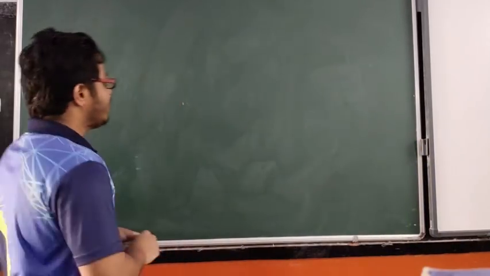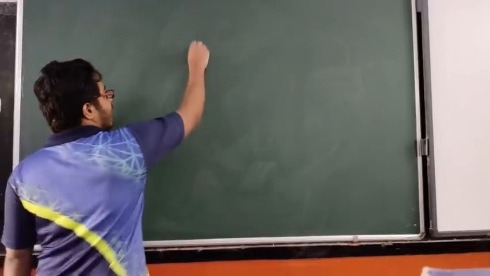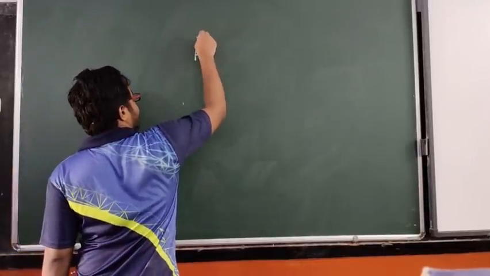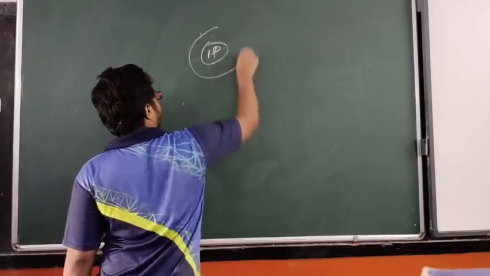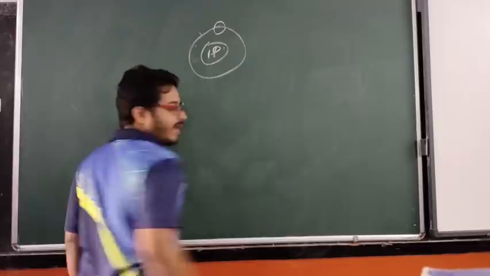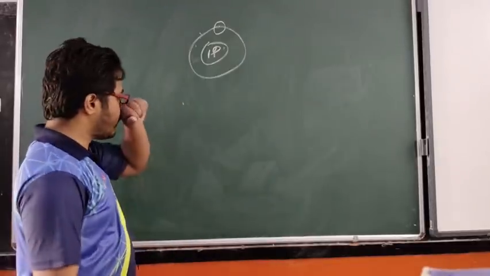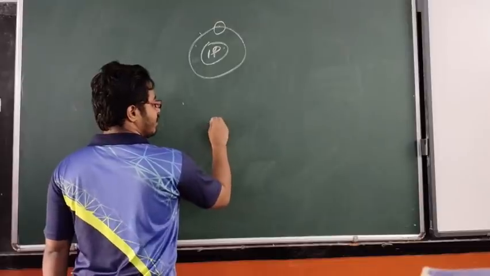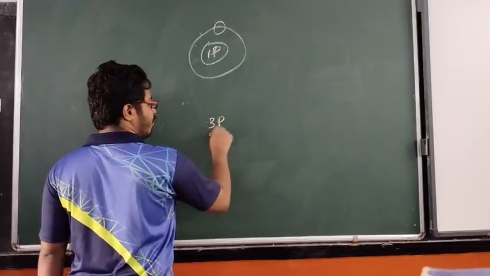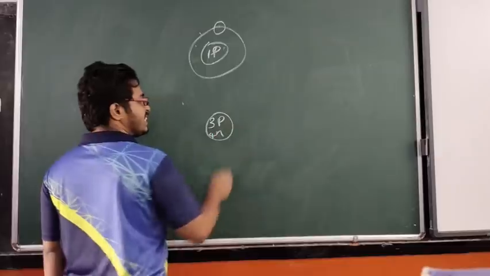The first element in the first group is hydrogen. If you are considering hydrogen, there is one proton and only one electron. Okay. Now the next element in the first group, lithium, is having 3 protons and 4 neutrons inside the nucleus.